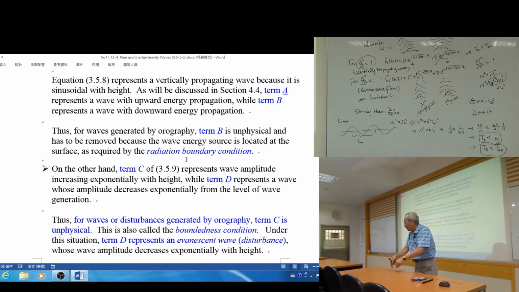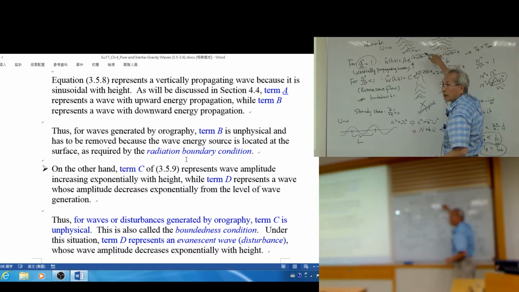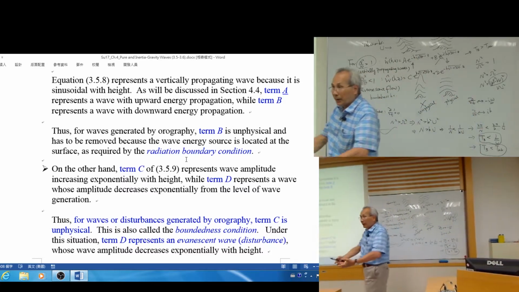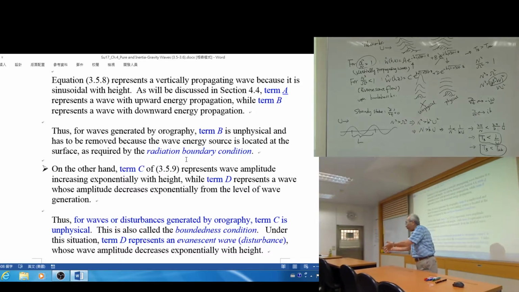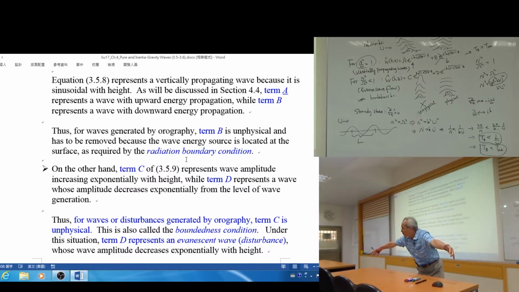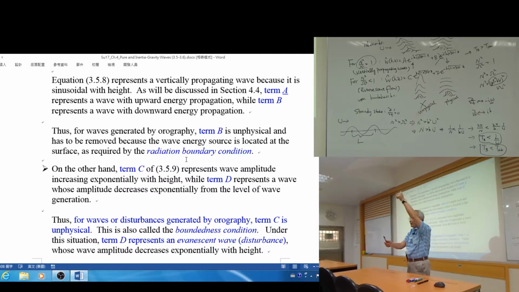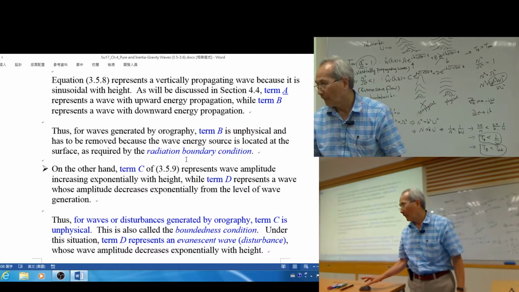Of course, down is unphysical, so we take upward. That gives us disturbances in the vertical, and this one is the radiation boundary condition, because it allows the energy to propagate upward and there is enough time, since it is either a longer mountain or slower speed. So that's the two regimes. Understand me?